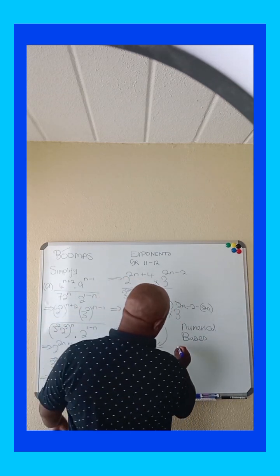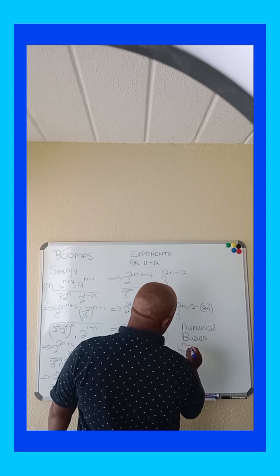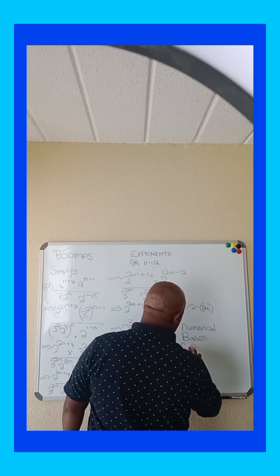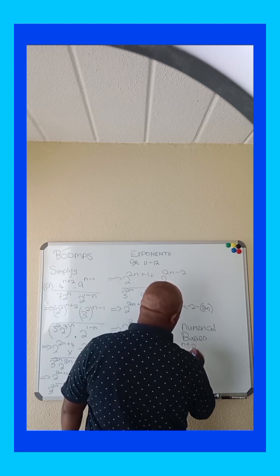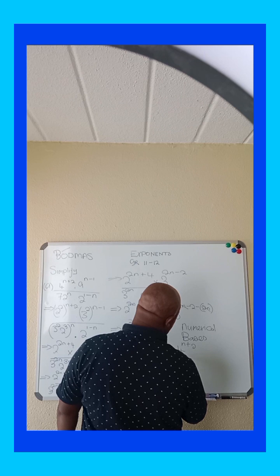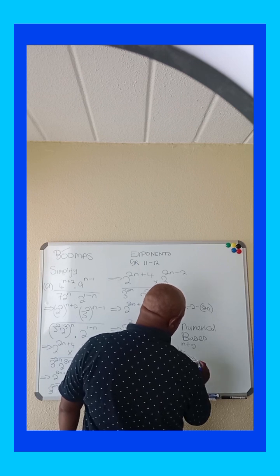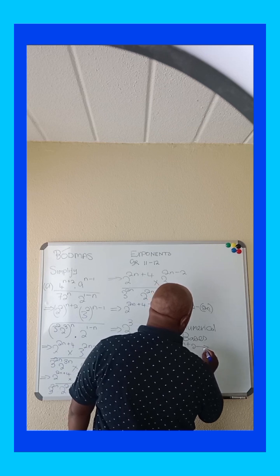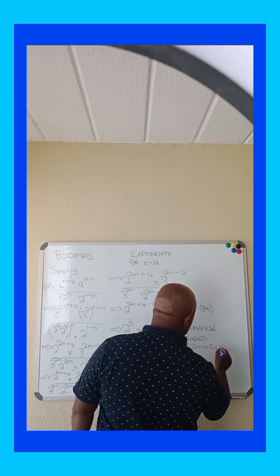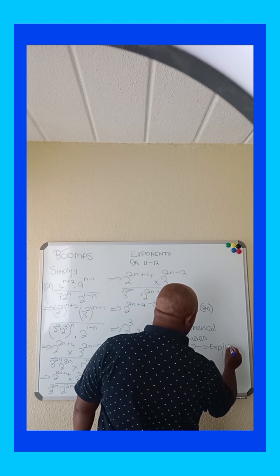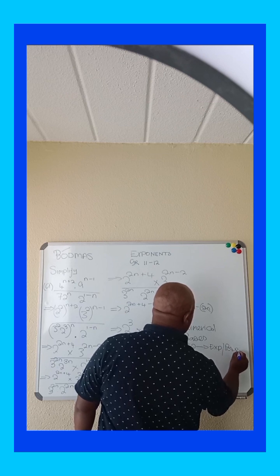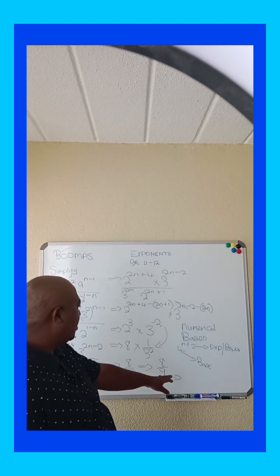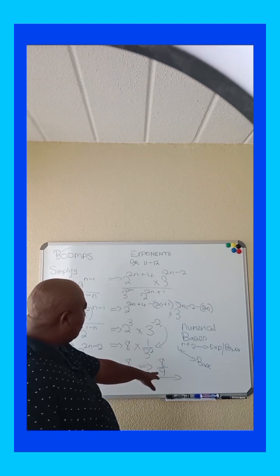Like here we said 4 to the power n plus 2. So this is the base. This is the base. This is an exponent or power. So we're solving a problem with a power, with a base, which is a number. So this is the final answer.